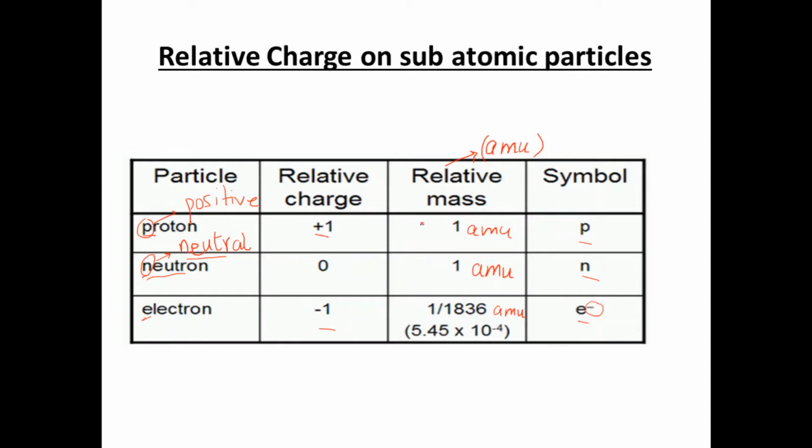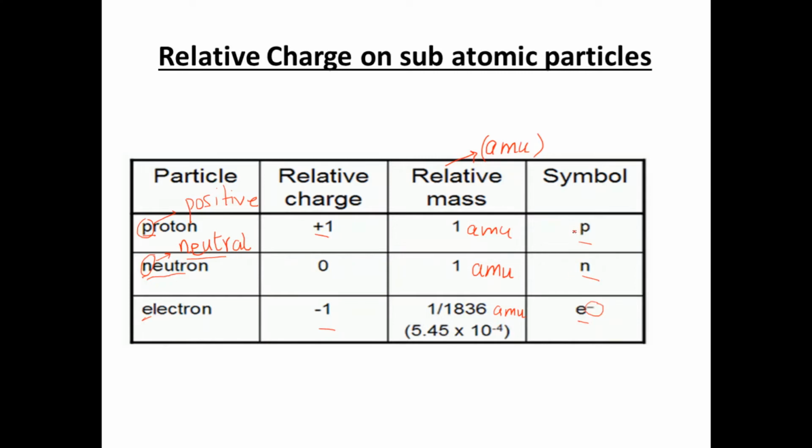But do remember, these masses, 1, 1, 1 by 1836, their unit is AMU. Please don't write kg or gram, because the answer will come out to be different. Please write the correct number with the correct unit. So I hope you remember, protons have a positive charge, neutrons have no charge, electrons have a negative charge, and their symbols.